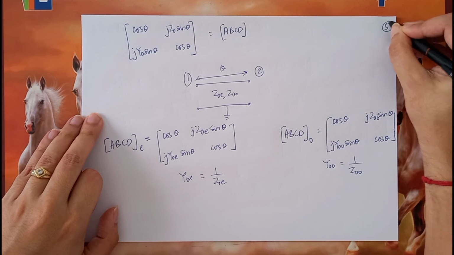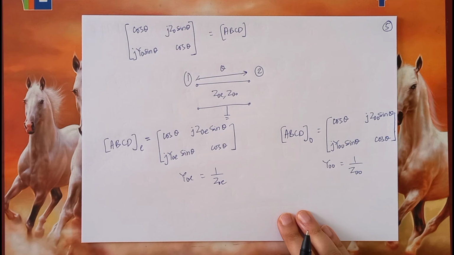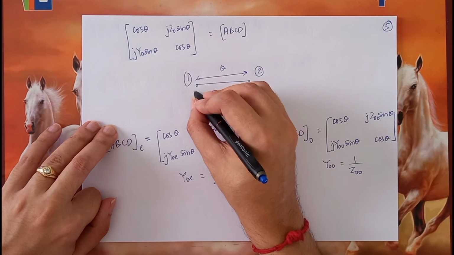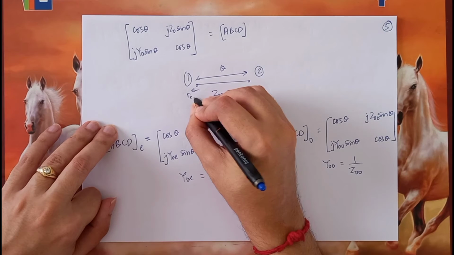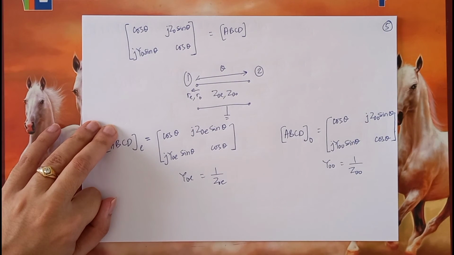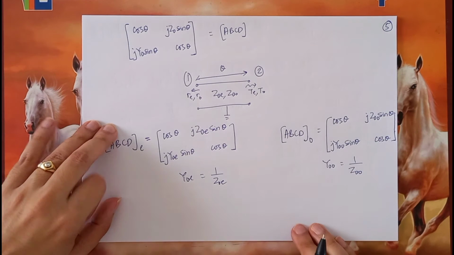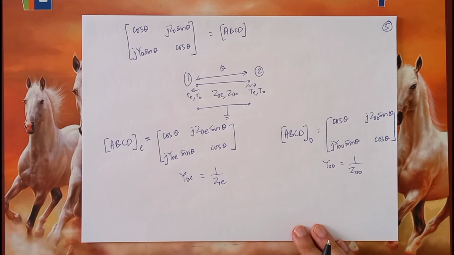what we can do now is we can get the reflection coefficient for each of the modes. So let us say gamma E and gamma O indicate the reflection coefficient in each mode, and TE and TO indicate the transmission coefficients in each mode.